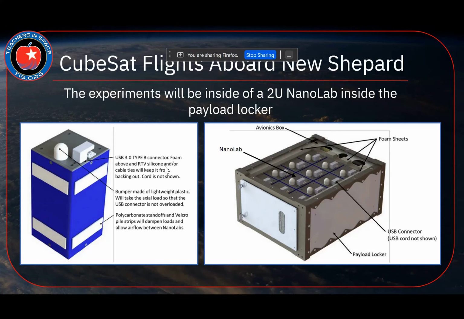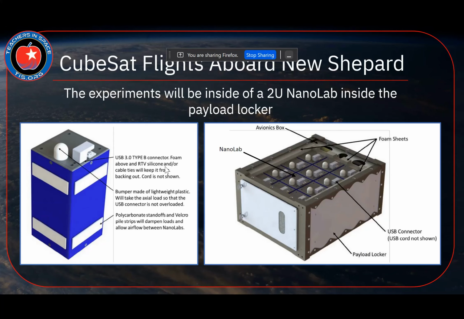On board New Shepard, your experiment is going to be inside of this payload locker, which is going to be enclosed. There are some vents to allow air in there to keep things cool, because it can get real warm in there. And that payload locker is going to be inside a pressurized capsule. So again, keep that in mind when designing experiments, and just know that those are going to be the conditions.